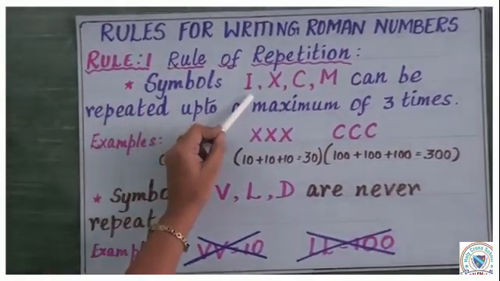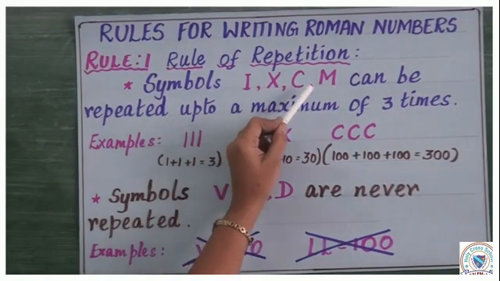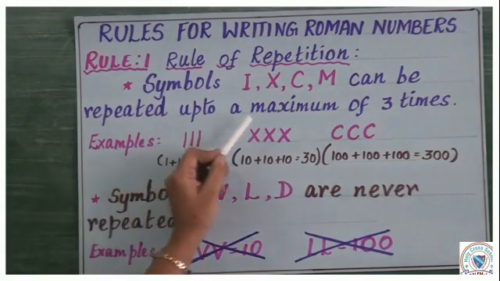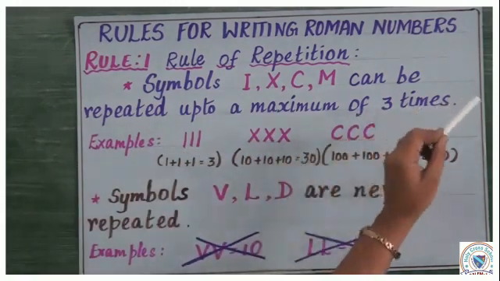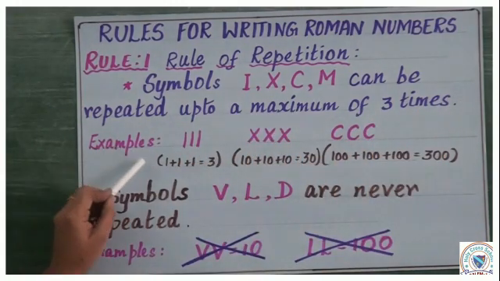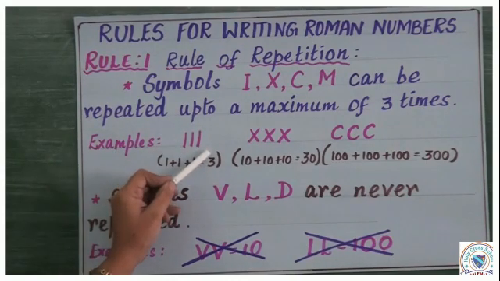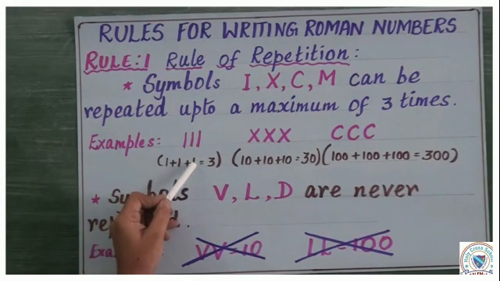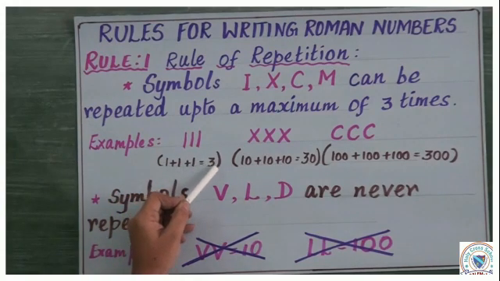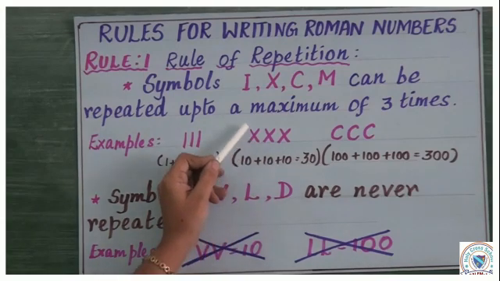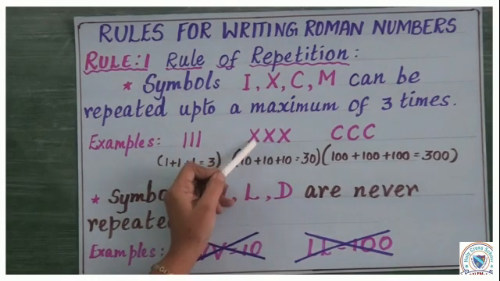Symbols I, X, C and M can be repeated up to a maximum of 3 times. For example, you see I, you can repeat 3 times, which means 1 plus 1 plus 1 equal to 3. The same way you can repeat X also 3 times.